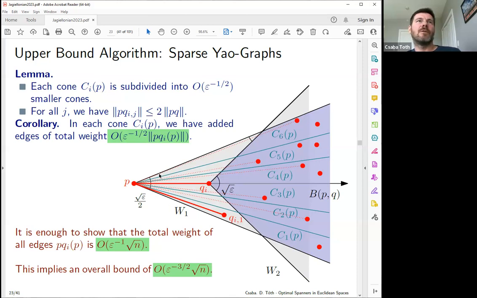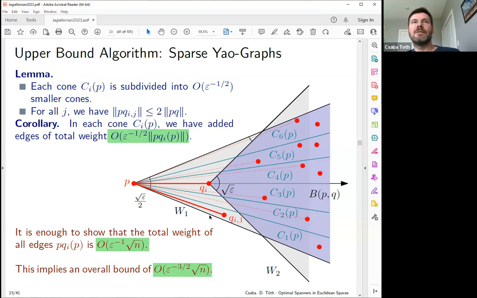So each large cone contains epsilon to the minus 1/2 little cones, and here's the geometric observation in this picture. If some of these small cones had a long edge, so the closest point was very far from P, then we actually don't add the edge. We only add the edge if the closest point is somewhere in this gray region.